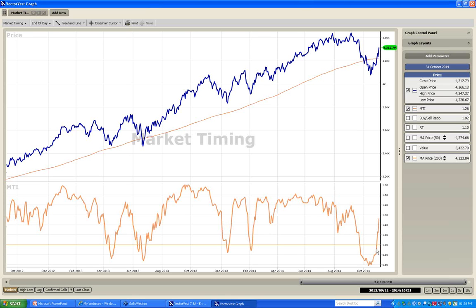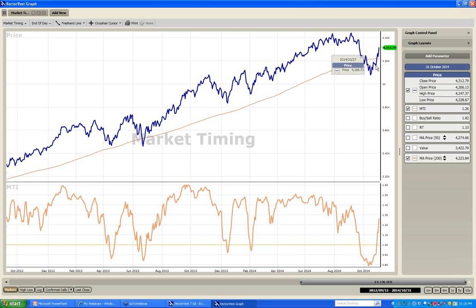So when the MTI is below 1, Vectorbased defines the underlying trend to be down. When the MTI comes up through 1, it's saying that the underlying trend is now up, and that's measured by looking at the momentum of the price and the breadth of the price.